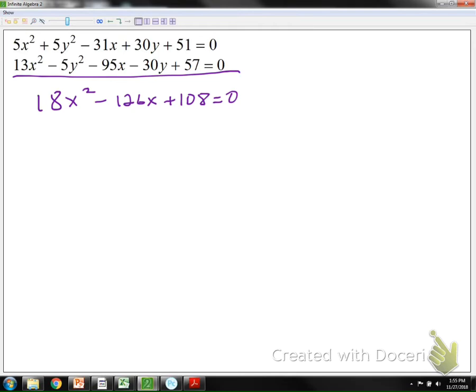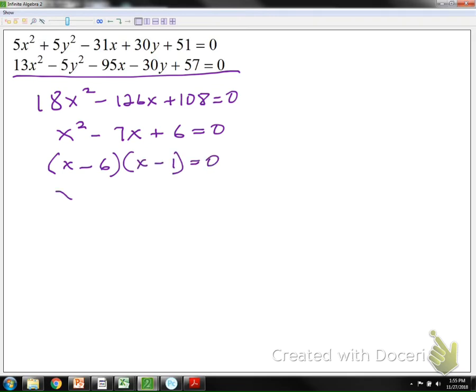And let's see, so this would be x squared. I think 126 divided by 18 is 7, and 108 divided by 18 is 6. All right, so that will factor as (x minus 6) times (x minus 1) equals 0.